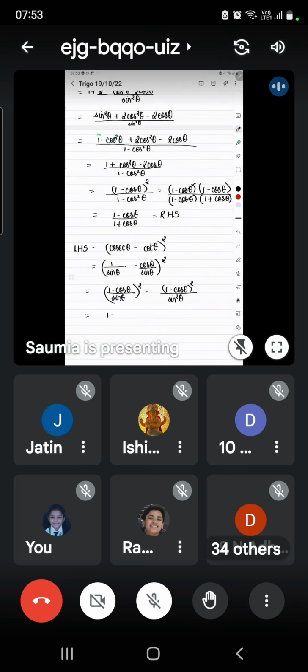Sine square theta can be replaced as 1 minus cos square theta. Same way, break up like the previous question: 1 minus cos theta into 1 minus cos theta upon 1 minus cos theta into 1 plus cos theta. Cancel, you get the same thing. Did you see that?